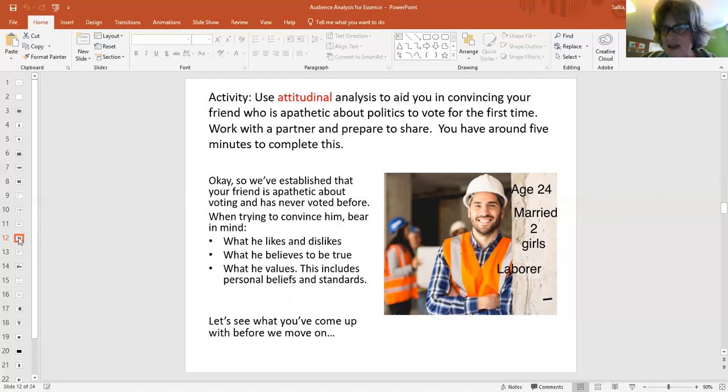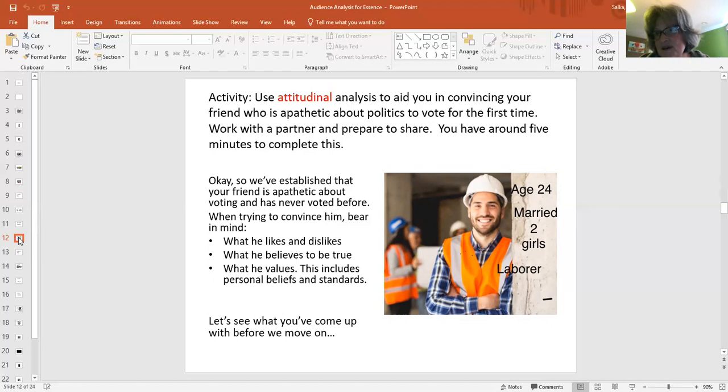Okay. And again, if this were an in-person class, I'd ask you to work with a partner and prepare to share. Okay. So your friend, we've established that your friend is apathetic about voting and has never voted before. When trying to convince him to vote, bear in mind what he likes and dislikes, what he believes to be true, and what he values.